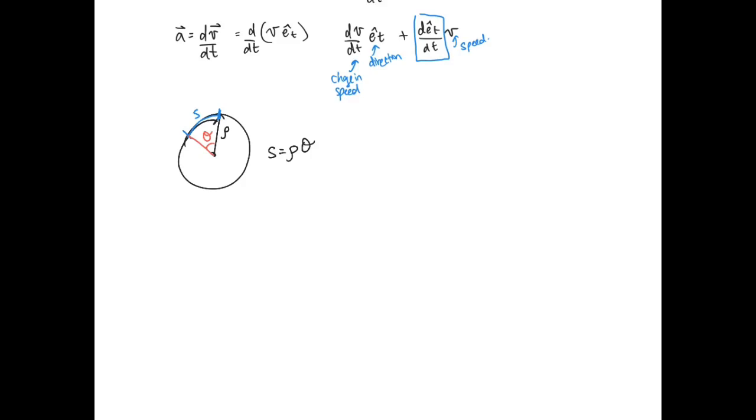If we take the derivative of this whole equation with respect to time, we end up with the derivative of that arc length with respect to time is equal to rho, because rho is just a constant, times the change of the angle with respect to time. We know that the change in path with respect to time is equal to the speed, so then we can say the speed is equal to rho times theta dot, or the change of the angle with respect to time.